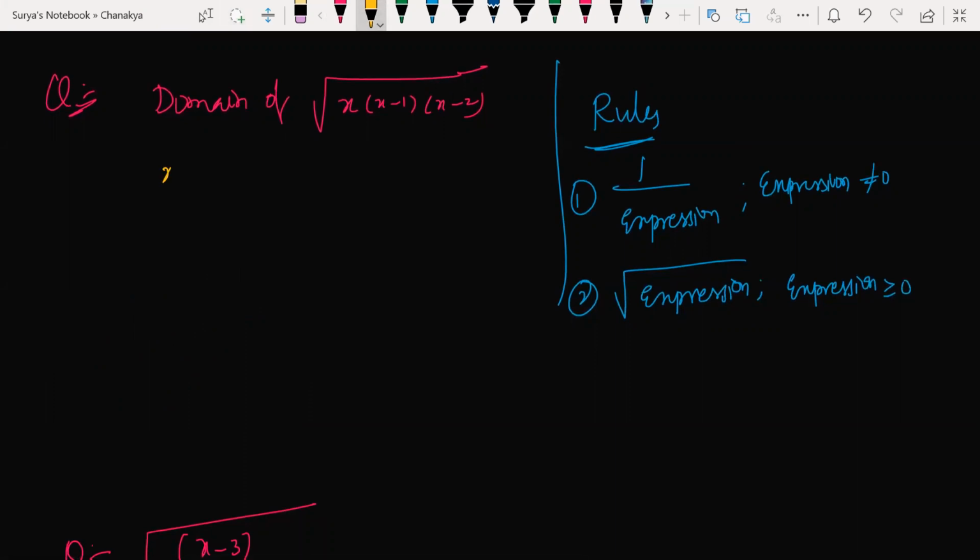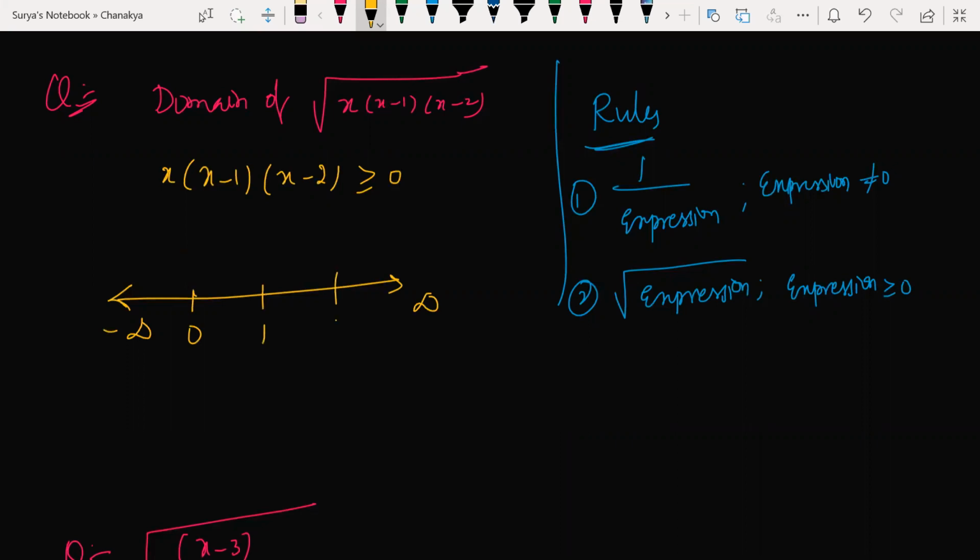Inside the square root, it has to be greater than or equal to 0. So plot on the number line and apply the Wavy Curve method, that's it, you will get the answer. All the powers are odd and the coefficient of x is positive.